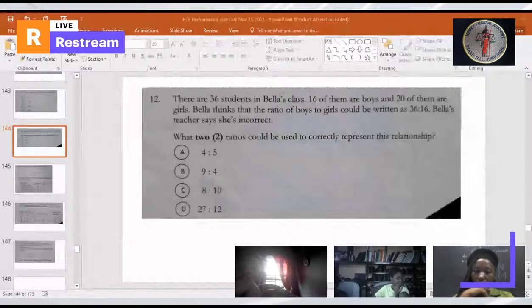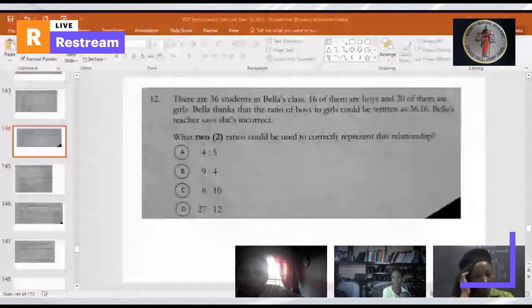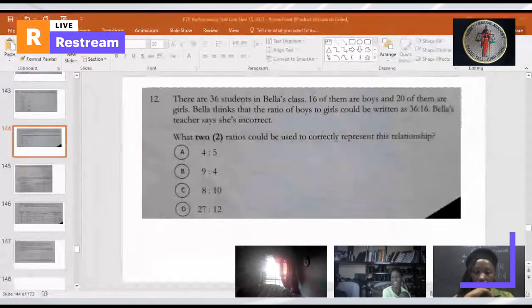What two ratios could be used to correctly represent this relationship? A. 4 to 5. B. 9 to 4. C. 8 to 10. D. 27 to 12.